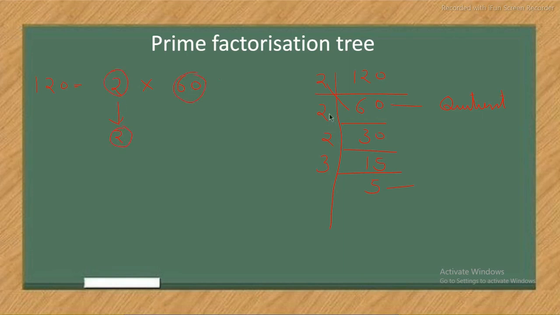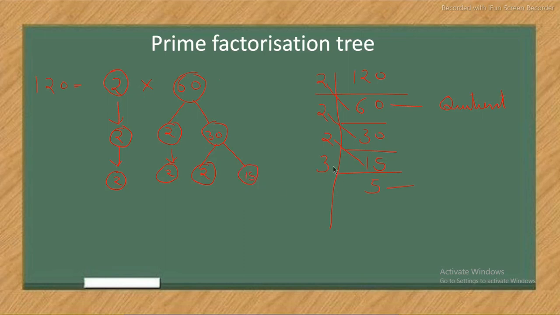And now 60. 2 30s are 60, so I will write 2 and in this box 30. Now see, 2 is a prime factor, again I will write it as it is and will work on the 30. As we see, 2 15s are 30, so I will write in this circle 2 and in this circle 15.